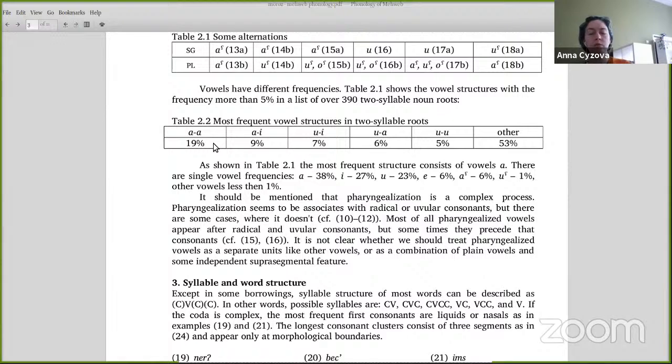I get how it works with two-syllable roots, but when there are more, do we look at the pairs, the adjacent vowels, or do we look at all of them at the same time? If it's a trisyllabic word, do we look at all three vowels at the same time, or at the pairs?